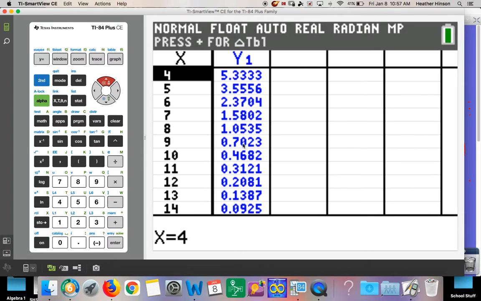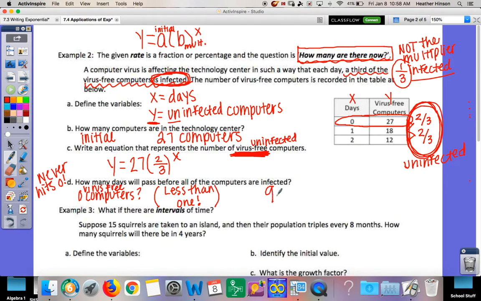Some part of that computer is infected, 0.7 of it is, so there's no virus-free computer left. That's where it hits 0. So that's going to be at 9. So 9 days. Because this is never going to hit 0 because of that asymptote, you just have to figure out where it's less than 1.